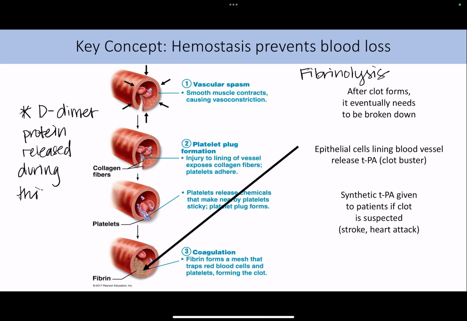So if you suspect that a patient is forming clots, you can do a blood test and see what their D-dimer levels look like. If they're elevated, meaning clot breakdown is happening a lot, then you can confirm that that's what's occurring. So a positive D-dimer test tells you that clots are being broken down, so clots have formed.